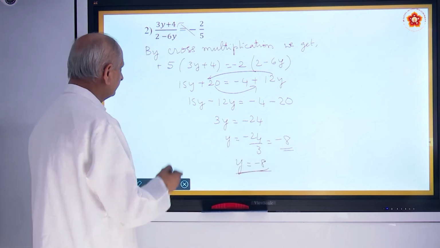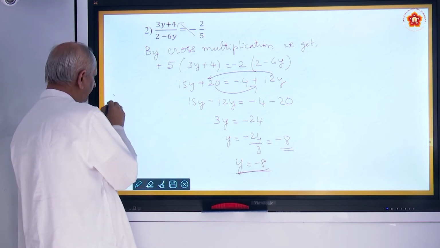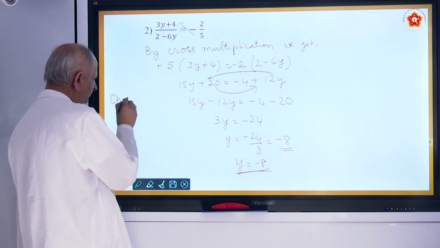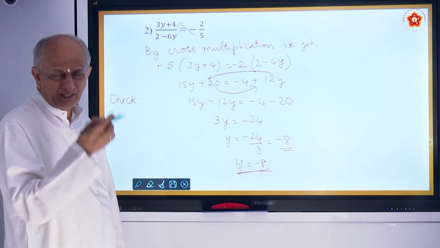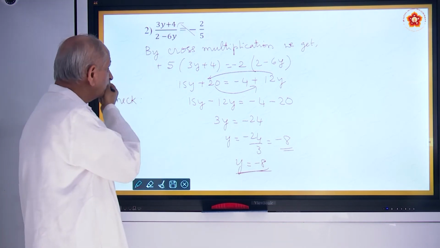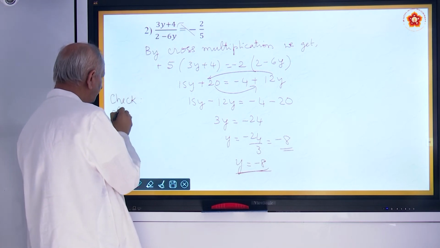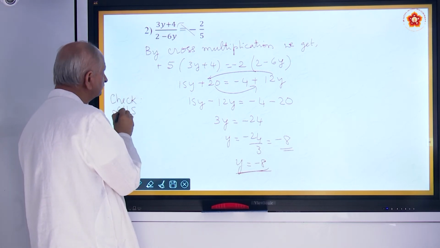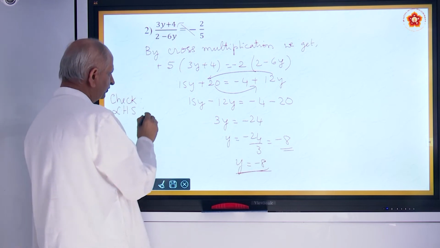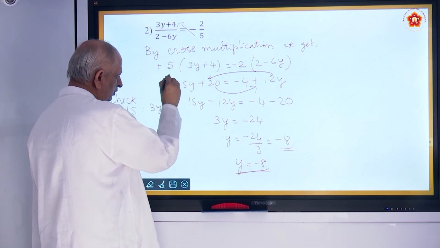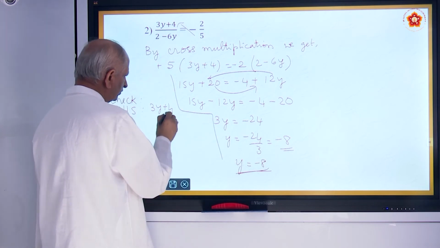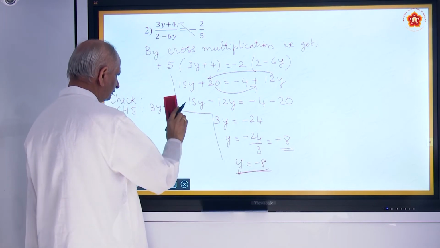Now you can verify. So verification, or you can also call it a check. Why to check it? Whether the answer is correct or not. Okay. So left hand side you have 3y plus 4. So 3y plus 4.